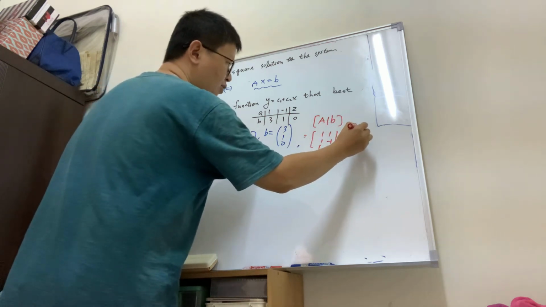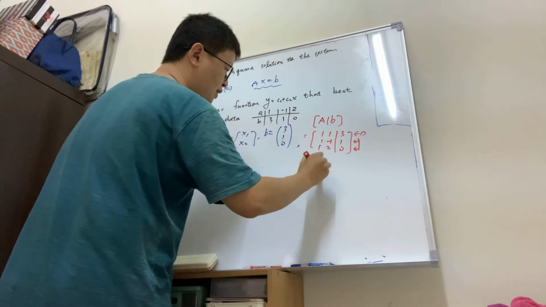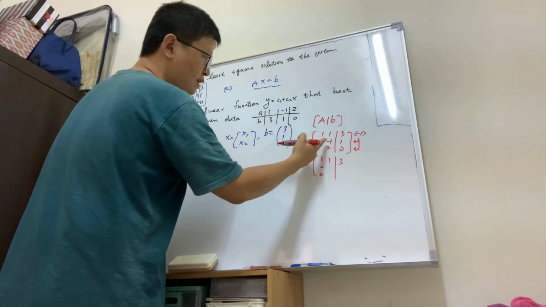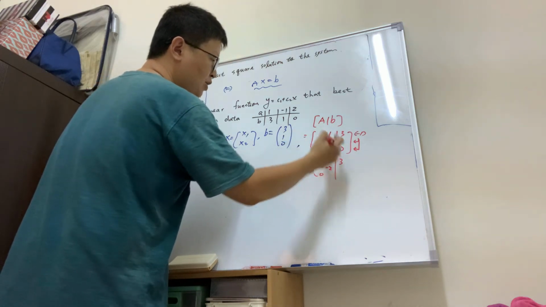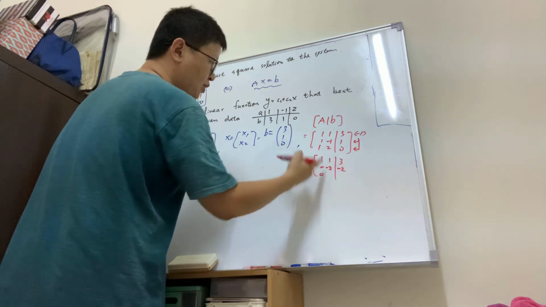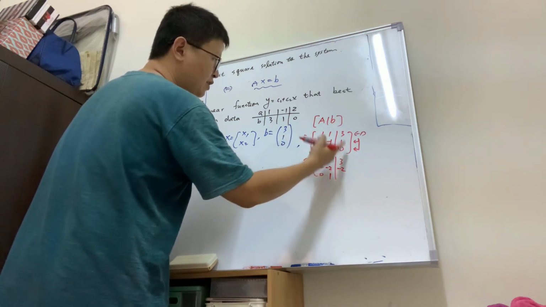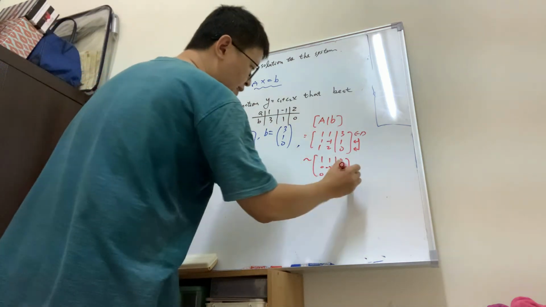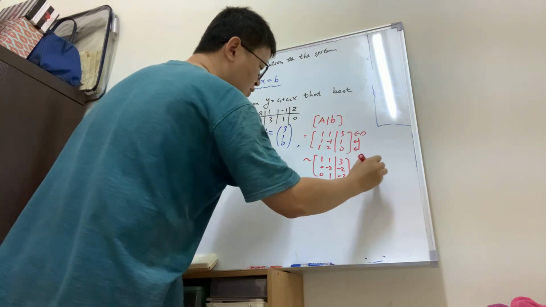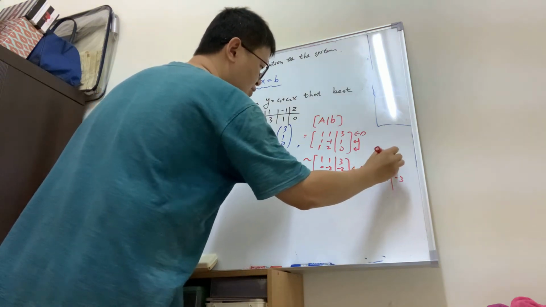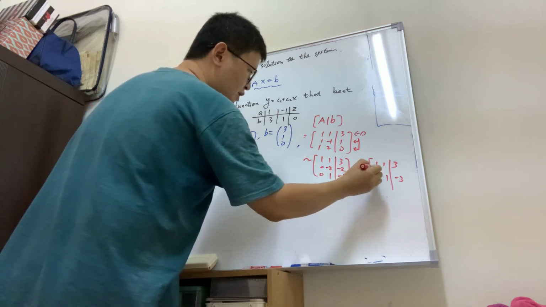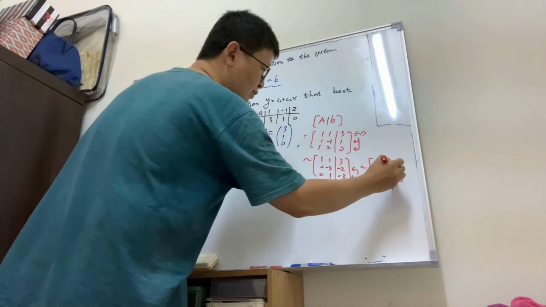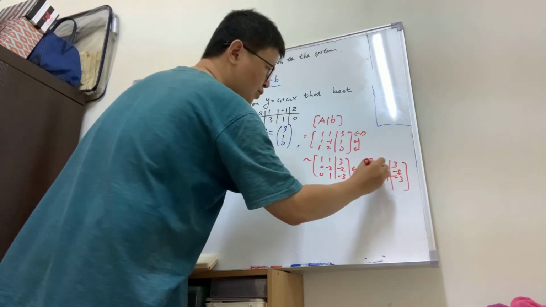We multiply negative 1 and add it to the second row and the third row. The first row stays 1, 1, 3. In the second row, 1 subtract 1 is 0, negative 1 subtract 1 is negative 2, 1 subtract 3 is negative 2. In the third row, 1 subtract 1 is 0, 2 subtract 1 is 1, 0 subtract 3 is negative 3. Then multiply by 2 and add to the second row, giving 0, 1, negative 3 and 0, 0, negative 8.